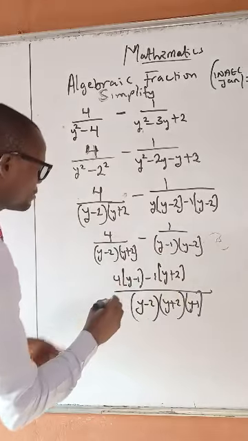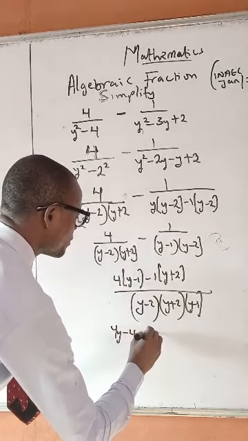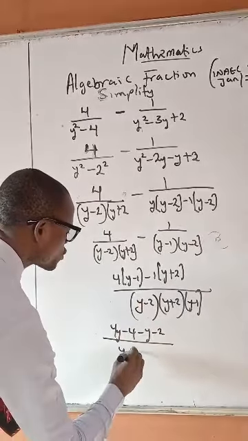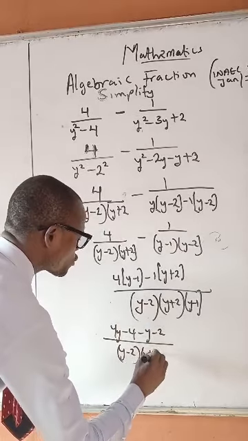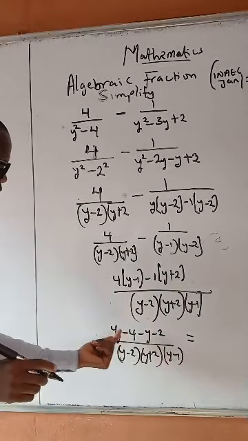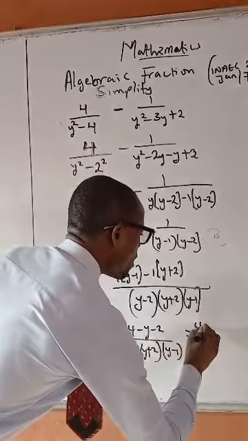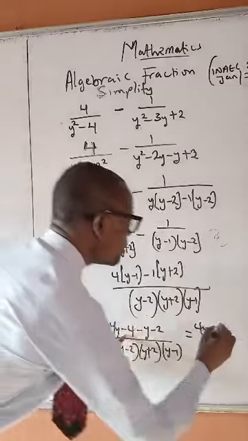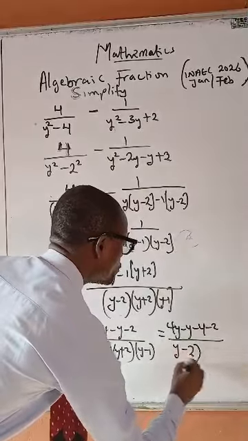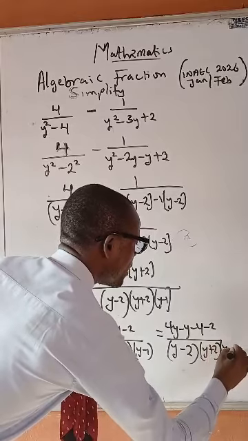Now the next thing is to open the bracket, which is 4y minus 4 minus y minus 2 over our denominator y minus 2, y plus 2, then y minus 1. Now, this minus 4 minus y will give us 4y minus y, this minus 4 minus 2, over the denominator y minus 2, then y plus 2, then y minus 1.